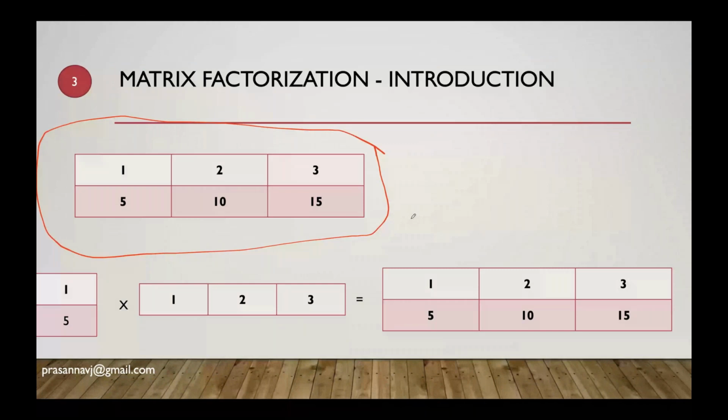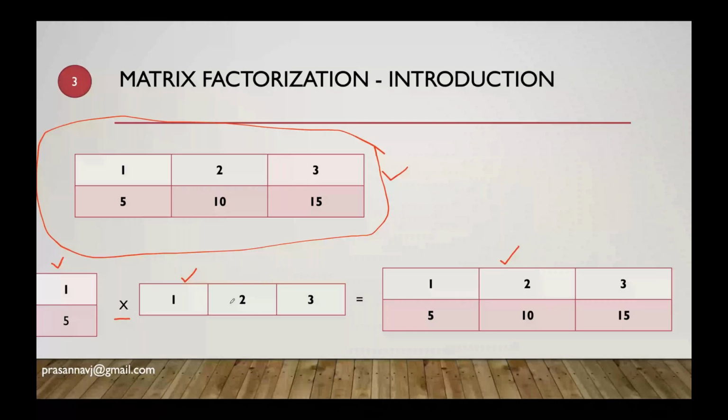Now the matrix that I have can be represented as two matrices. The first matrix I can say 1 and 5, and the second matrix has 1, 2, 3. If I do a cross product of these two matrices, I can get back the original matrix that I was looking at.